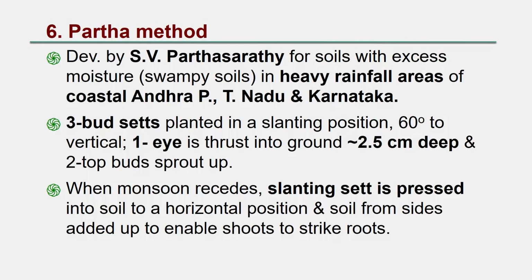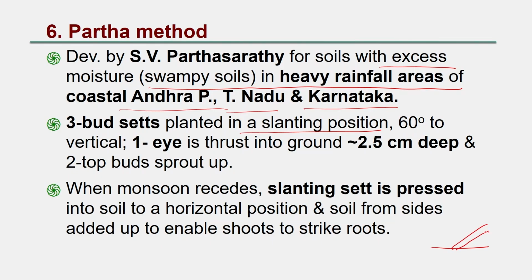Partha method is yet another method developed by S.B. Partha Sarthi for soils with excess moisture, swampy soils in heavy rainfall areas of coastal Andhra, Tamil Nadu and Karnataka. 3 bud sets are planted in a slanting position like this.